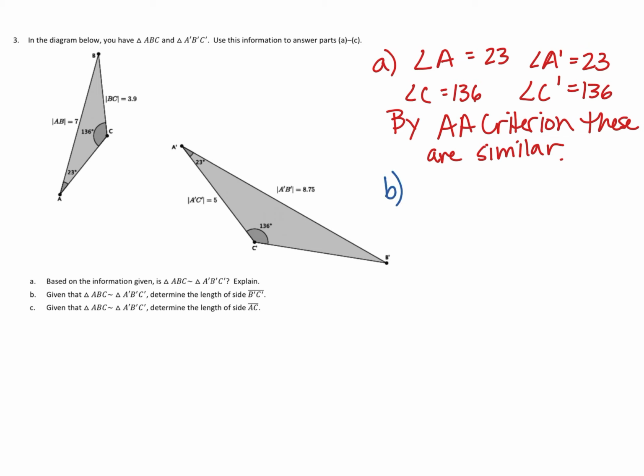B, given the information, determine side length B'C'. So we need to use a set of side lengths that matches up. I see AB here and AB' here, so we're going to put the primes on top and the original on the bottom, and we're going to set that equal to the prime version on top and the original on the bottom.